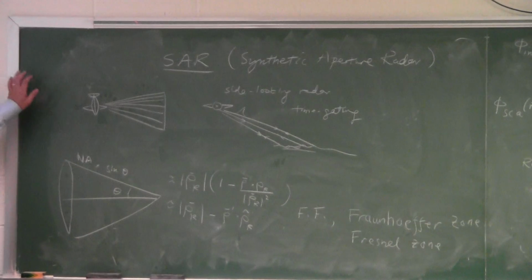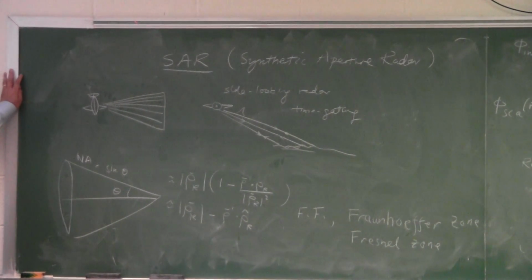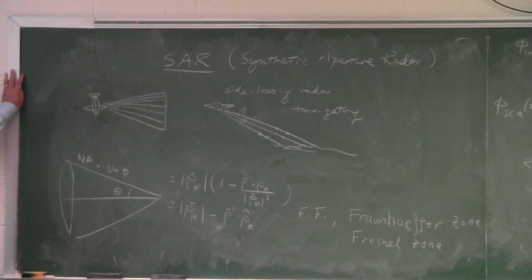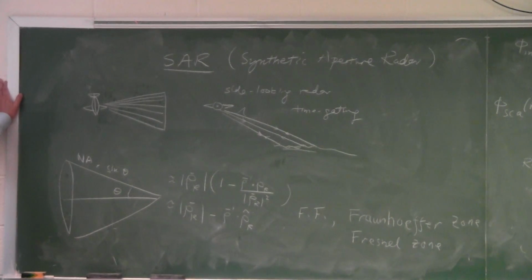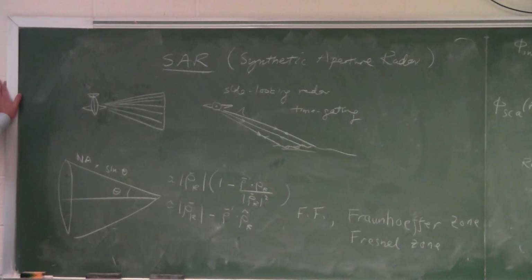After they have the reflected data from a given spot with different look angle and different bandwidth, they can do signal processing to get back the object. Okay? There's one thing. You do time gating to get rid of multiple scattering. This is a side-looking radar.